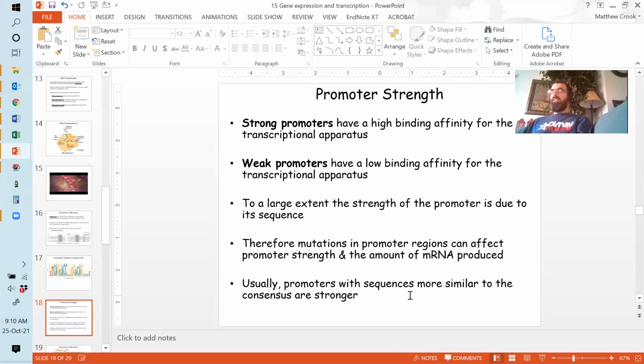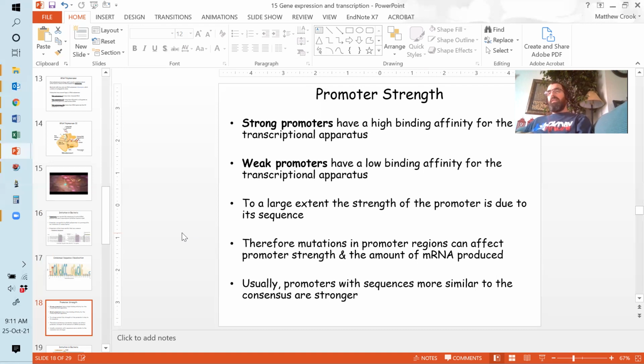All right, so we really have to think of it in the context of what that gene product does, and how you need it. Obviously, mutations in these regions can affect promoter strength.